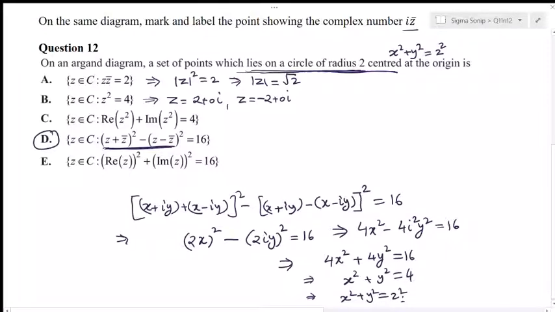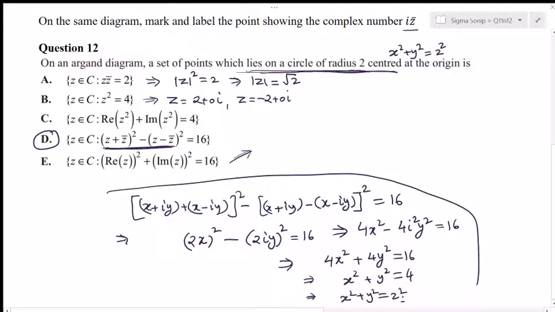But while we are here, let's also take a look at option E and see where we get up to. So I'll leave this here and I'll work on E. E says that the real part of z square plus the imaginary part of z square equals 16.